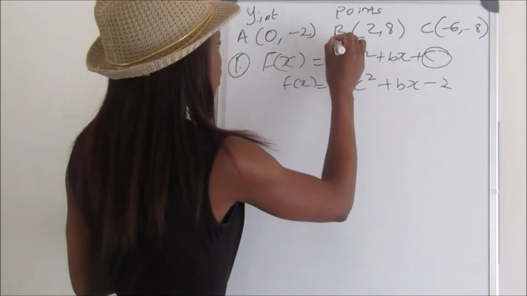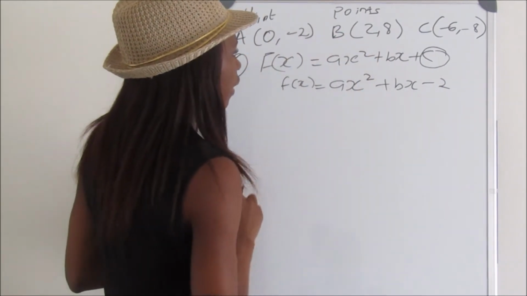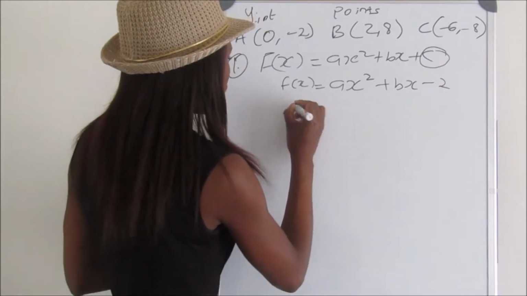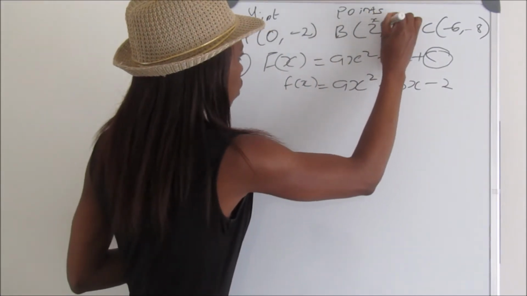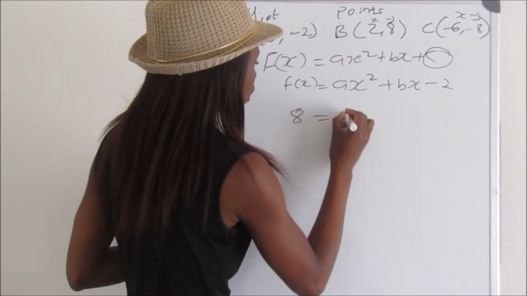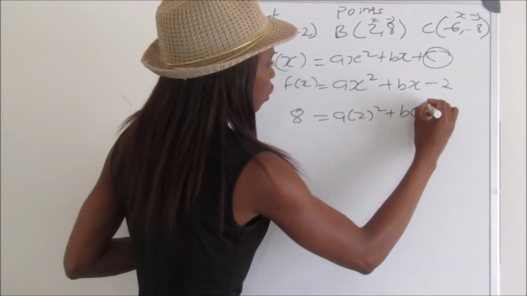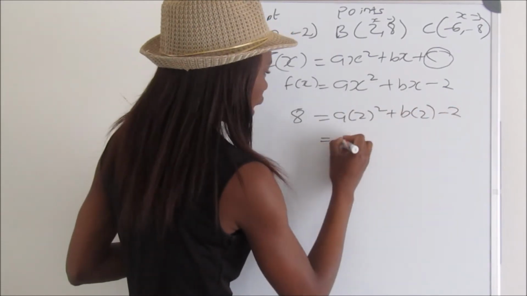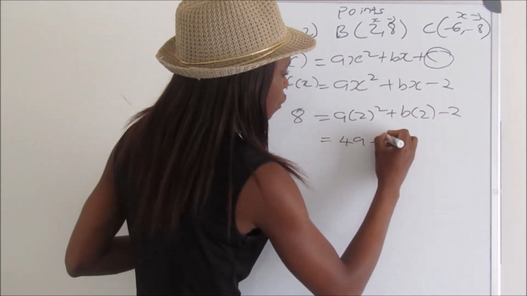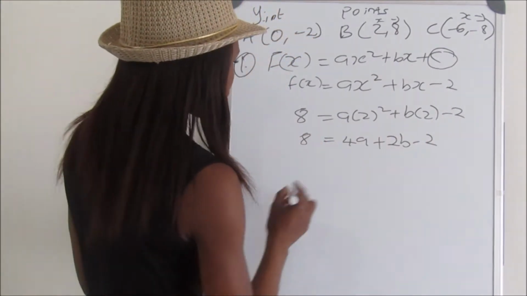From here we use the first point, B, and substitute it into this equation to get the values of a and b. So this is x, this is y. Then 8 = a(2²) + b(2) - 2, which gives 4a + 2b - 2 = 8.